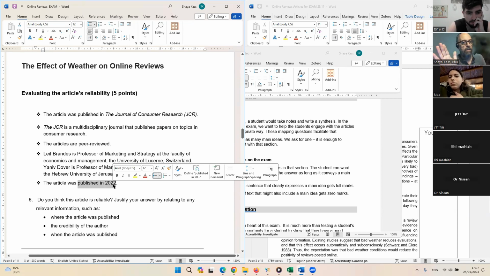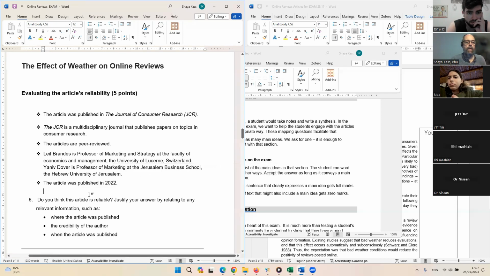It's reliable. You have to say it's reliable because it was peer-reviewed and published less than 5 years ago. You're done. So if it's peer-reviewed in less than 5 years, the only answer is yes. Otherwise, you have to make a choice: probably reliable, probably not reliable, and give a good reason for it. Okay?